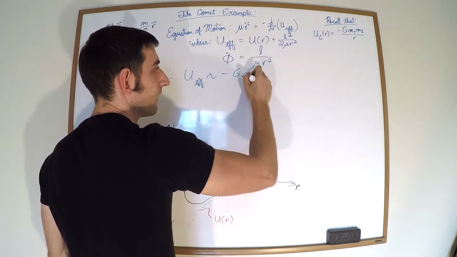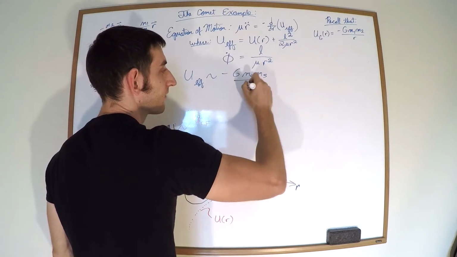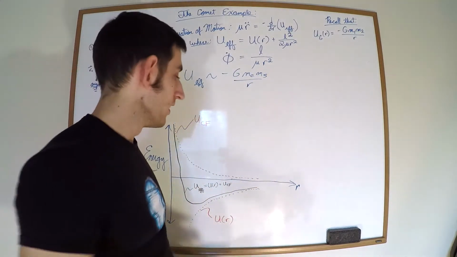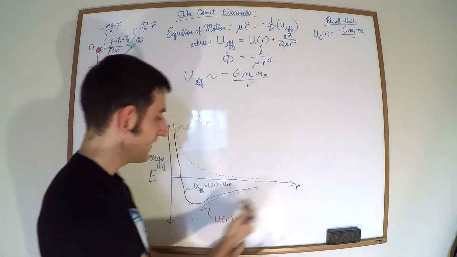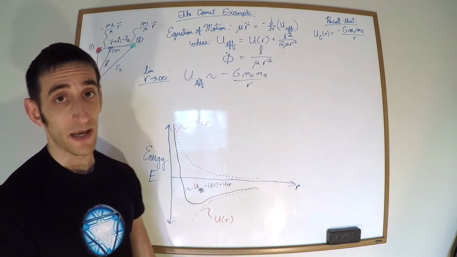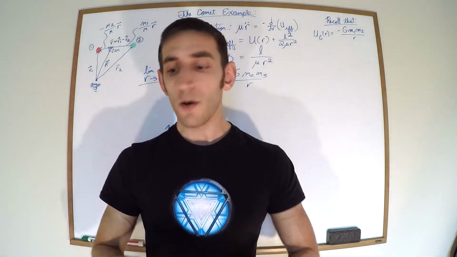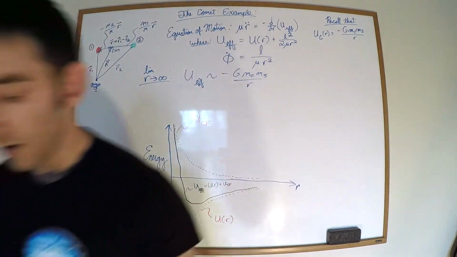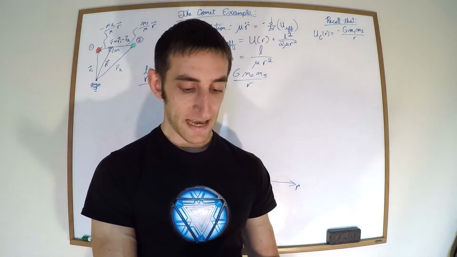Negative G Mc Ms over r. So that's why when we get to infinity, the graph starts to converge upon U sub g, okay? What else can we figure out from this? What else does this divulge, in essence?